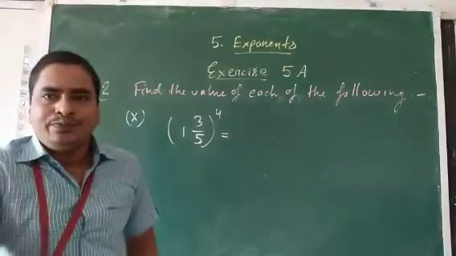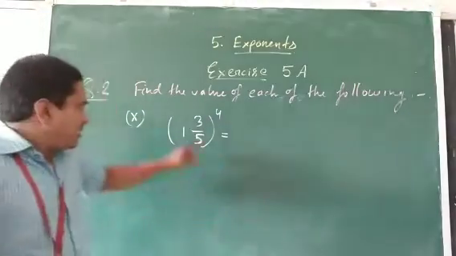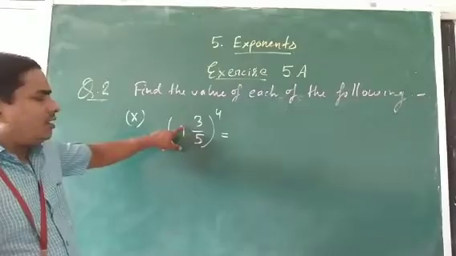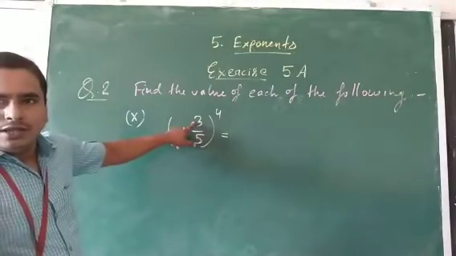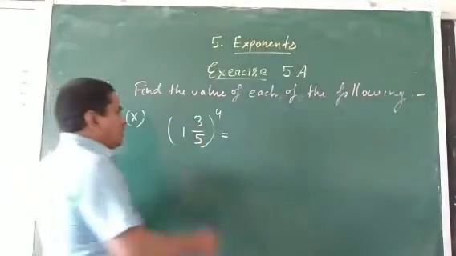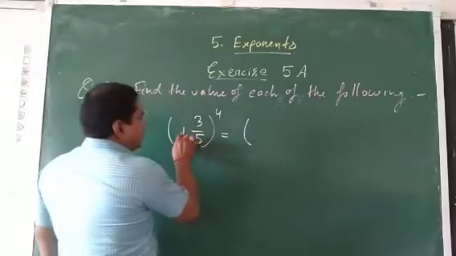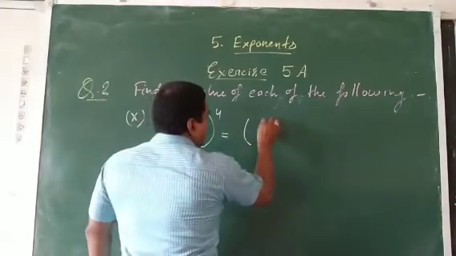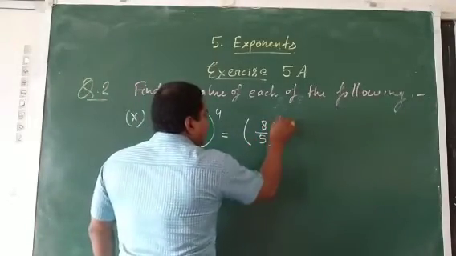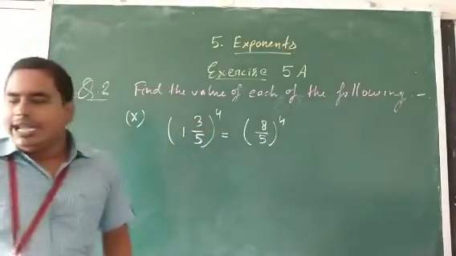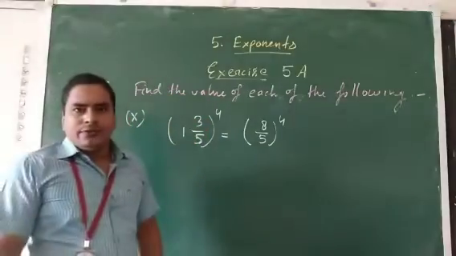You can multiply 5 into 1, then plus 3. So convert this to simplest form: 5 1s are 5, plus 3, 8 by 5 to the power 4.